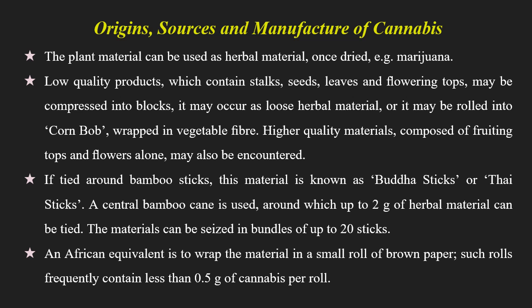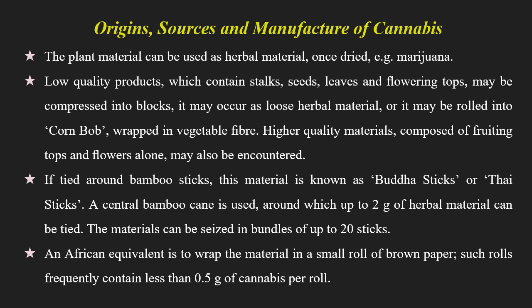It may occur as a loose herbal material, or it may be rolled into corn cobs, wrapped in vegetable fibers, etc. Higher quality materials, composed of fruiting tops and the flowers alone, may also be encountered.